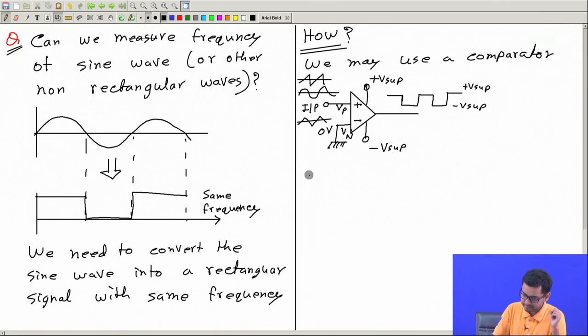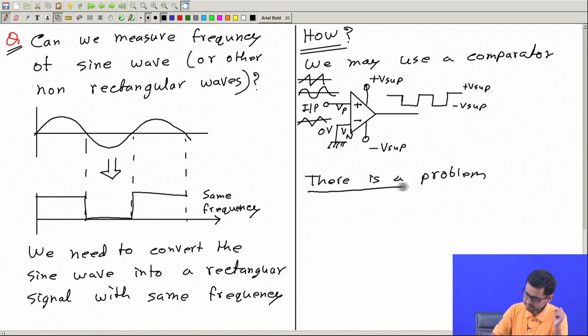But there is a problem. The problem is that if the input signal, the sine wave, is noisy, then we will run into trouble. What do we mean by a noisy input?